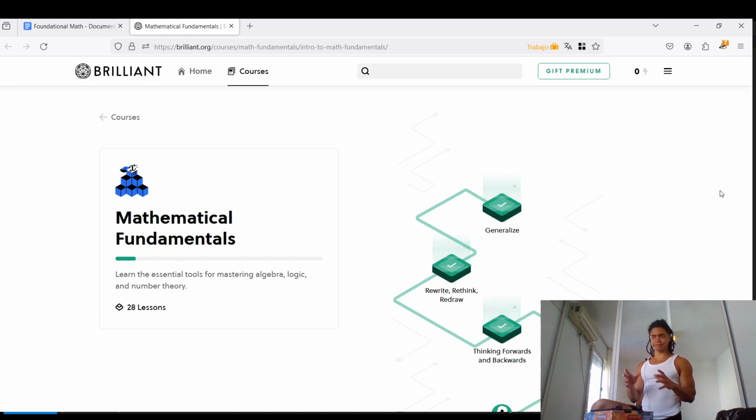So in other words, the thing with this thinking forward and backward is that the subtle difference here, the key aspect of each one of them, is where you first focus your attention.